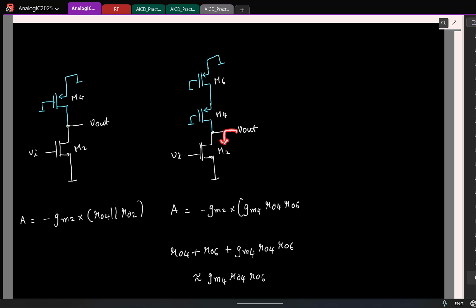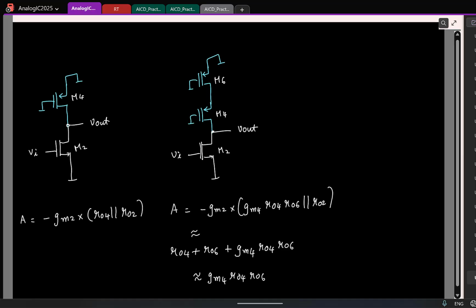What is the resistance looking down? So how can you simplify this now? I have, looking up, a large resistance, looking down I just still have one R0. So finally this is the same as this.